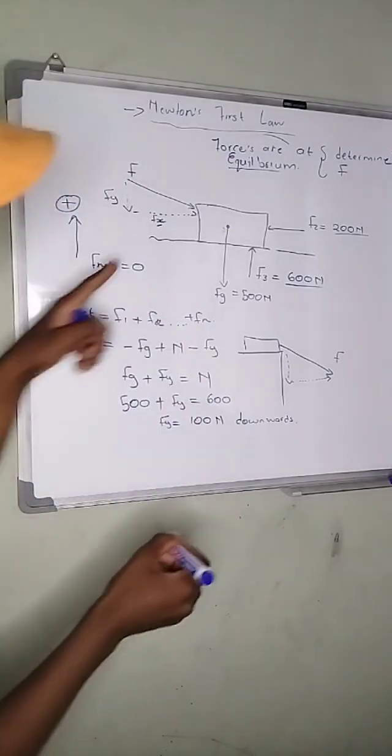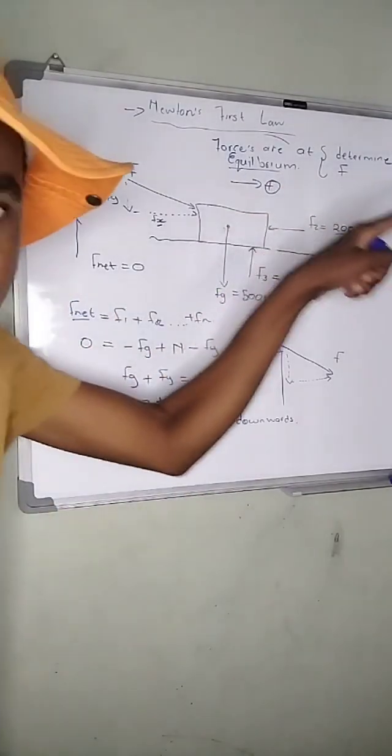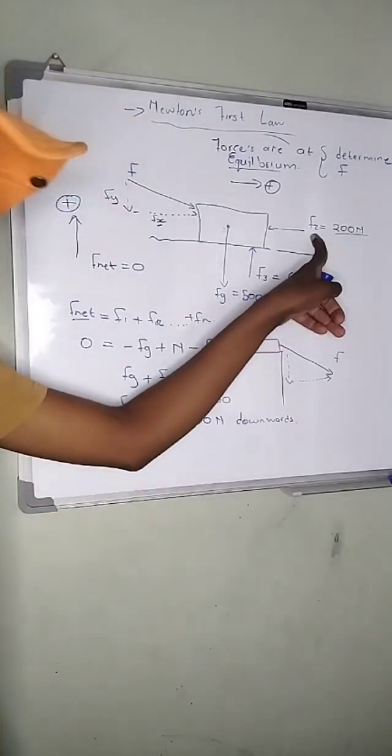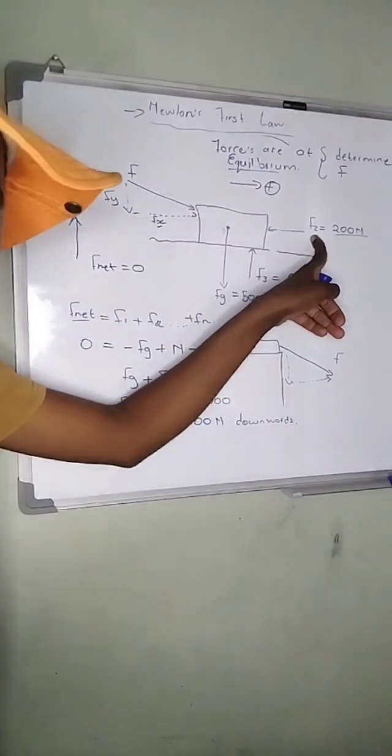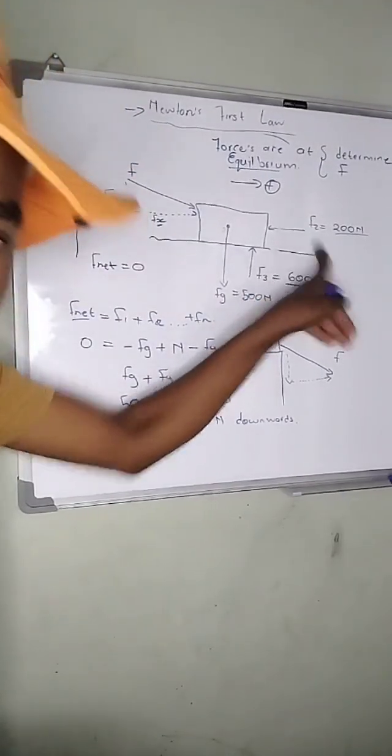So if I choose right as positive, guys, is F2 going to be positive or negative?